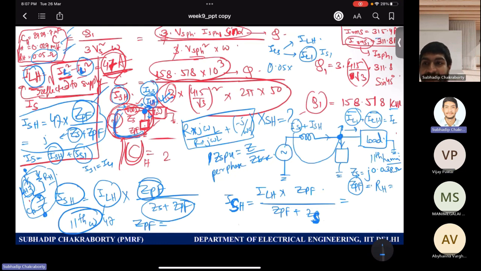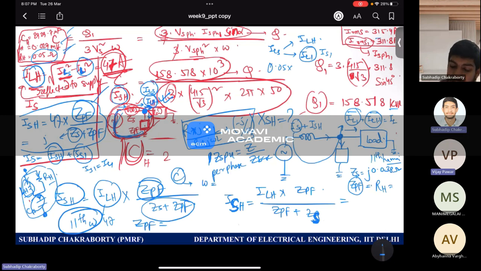This was what we designed L and C with, right? Throughout the session, how did we determine L and C values? C we calculated for reactive power, and then we used omega equal to 1 by root LC. By this, we are saying that these two impedances will cancel each other by resonance.